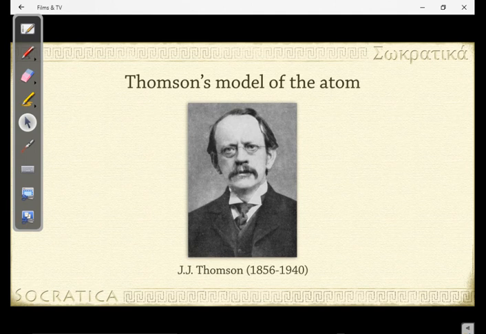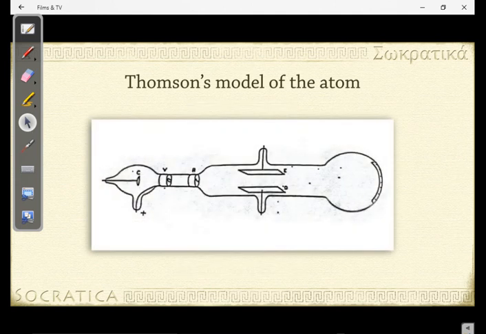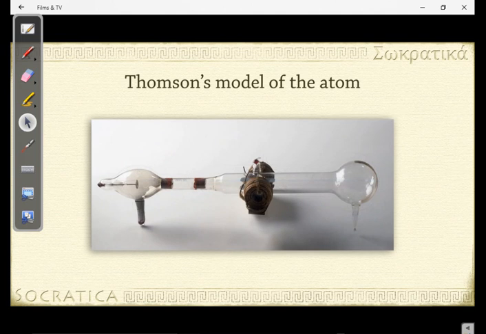At this time, people weren't sure if cathode rays were waves or particles. Thomson was using magnets and electrically charged plates to deflect cathode rays and thereby estimate their mass. He showed that cathode rays must be made up of negatively charged particles that were over 1,000 times lighter than the smallest atom. That's hydrogen.